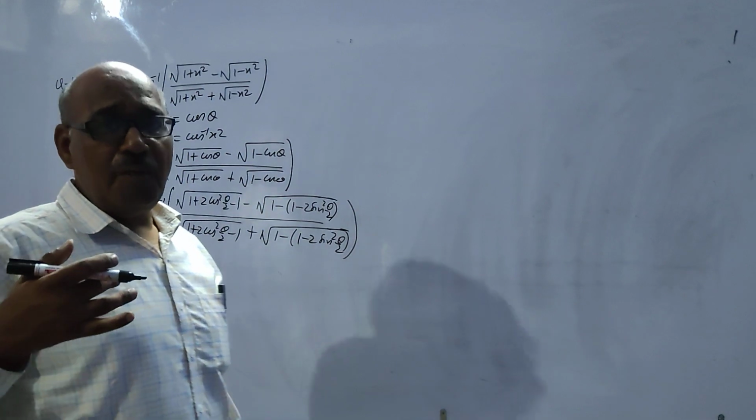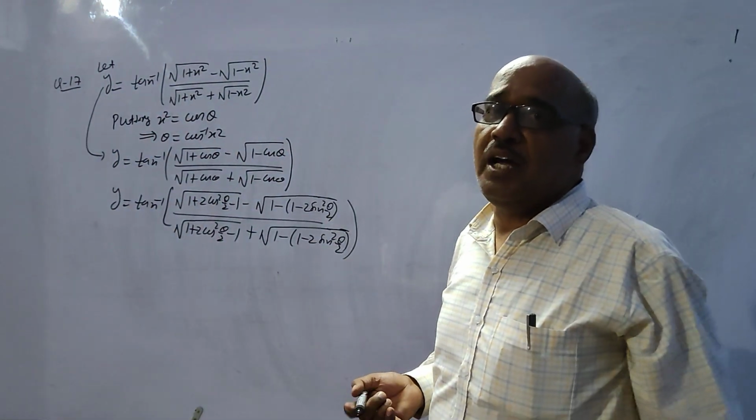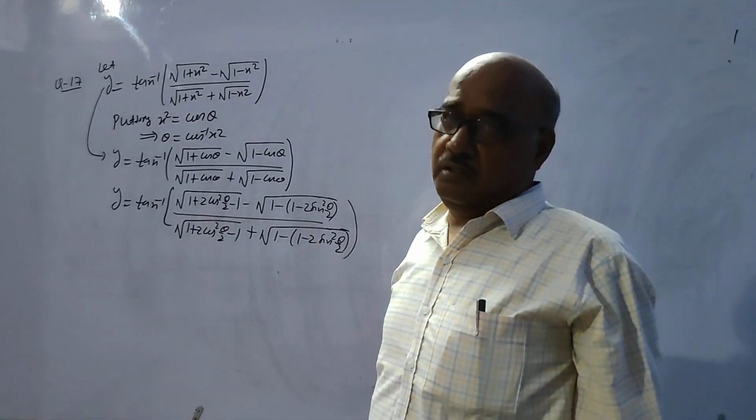Now because there are many different forms for cos theta, we only apply the form which is useful to cancel 1.